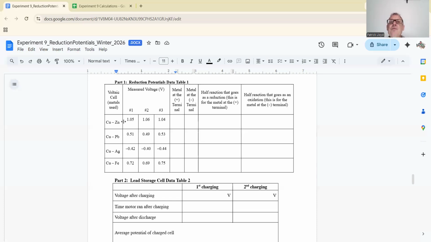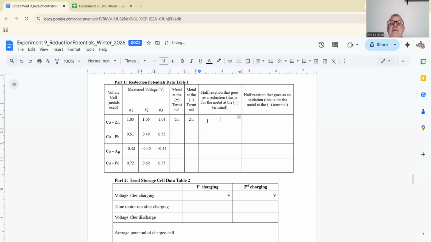For the first one, those are all positive values. That means the metal under the red lead is the positive, and that was the copper. So we're going to write copper for that one. And then the other metal would be the negative terminal, which would be zinc.